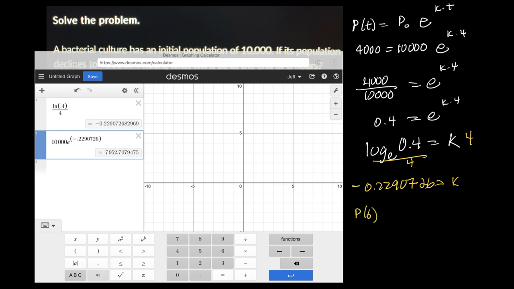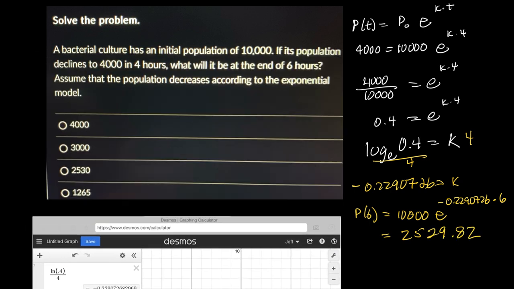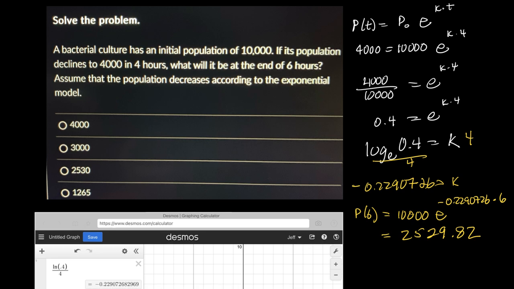So P of 6 is equal to 10,000 e to the negative 0.2290726 times 6. So I'm getting with that 2,529.82. So let's see what they have. Do they have one of those? 2530. I got to go with that one.